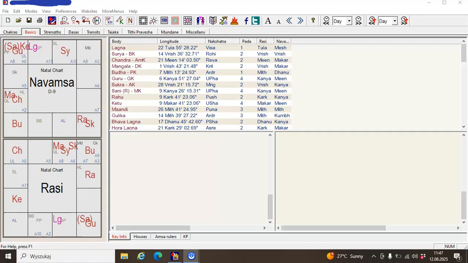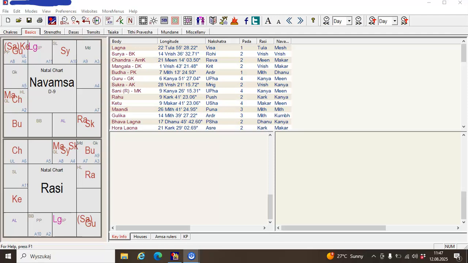So the first point. If your Navamsha Lagna falls into odd signs, the Navamsha Dasha will start from Navamsha Lagna and it will be in direct order. So these are obviously basics.